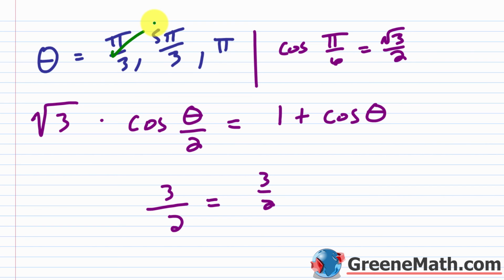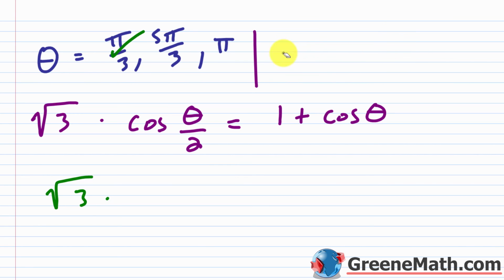The next one you're going to see a problem with. So let's erase this and try again. We have the square root of 3 times the cosine of, I'm putting 5 pi over 3 in here. If I do 5 pi over 3 divided by 2, it's like having cosine of 5 pi over 6. Now 5 pi over 6 is 150 degrees.